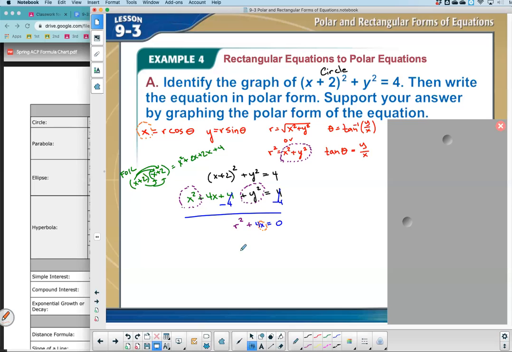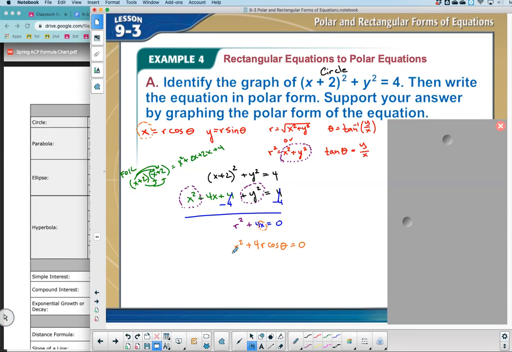And so we'll substitute that in. And so I'll have r squared plus 4 times, or I'm going to take out the x and replace it with r cosine theta. Now, because you haven't seen polar equations other than one day last class, you don't know this, but polar equations we usually write as r equals.